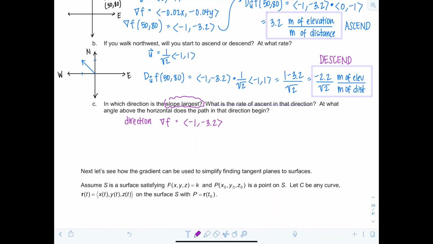Well, we have that theorem that tells us that the actual max rate can be found by taking the magnitude of the gradient. So the magnitude is going to be the square root of 1 squared plus 3.2 squared, which is about 3.35 meters, remember, of elevation per meter of distance.